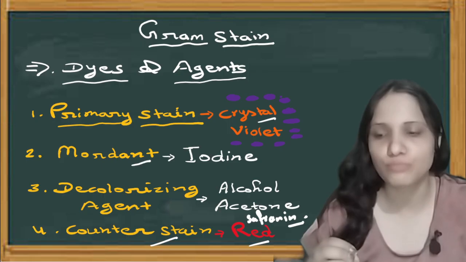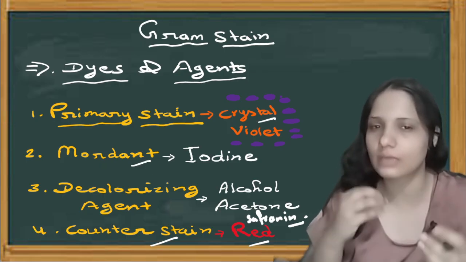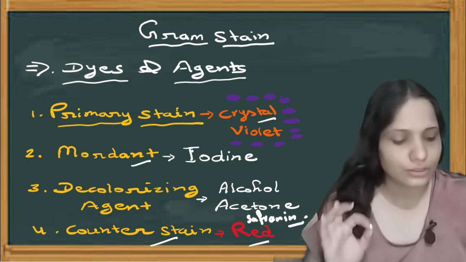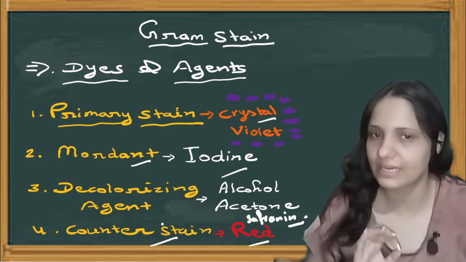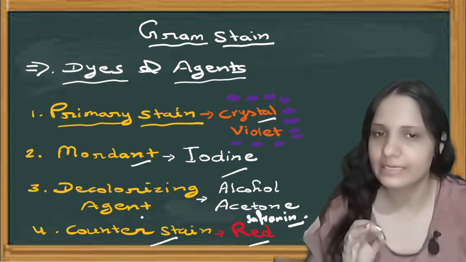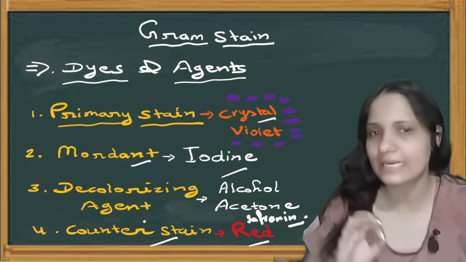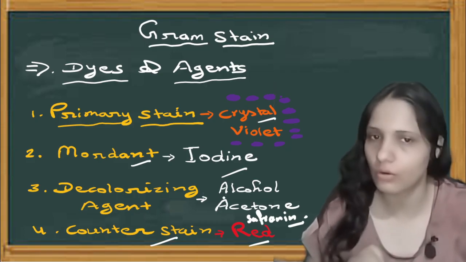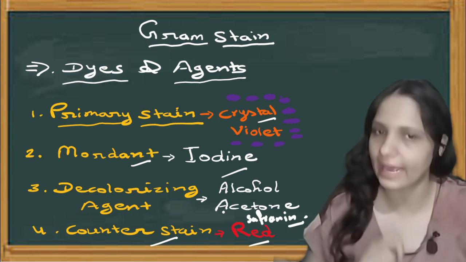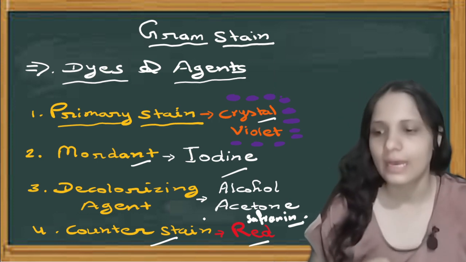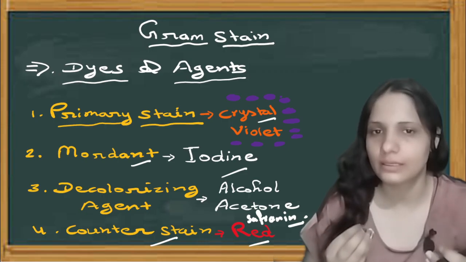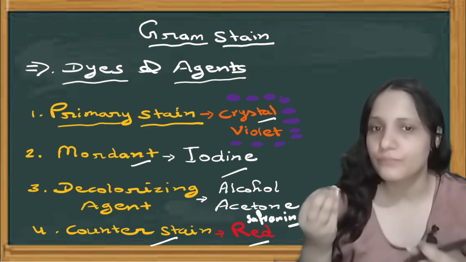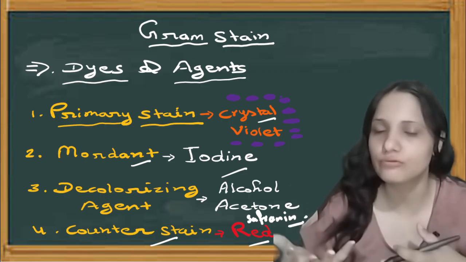The second is the mordant. The mordant is a kind of fixative, and here it is iodine. Then we have the decolorizing agent, which here is alcohol or acetone. A decolorizing agent is something which removes the primary stain, the dye.